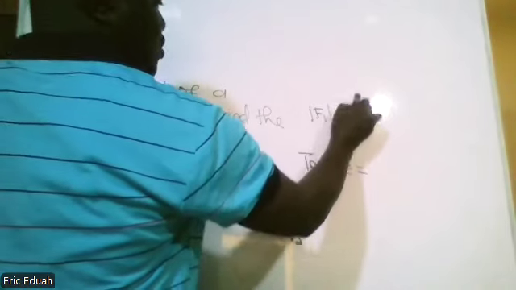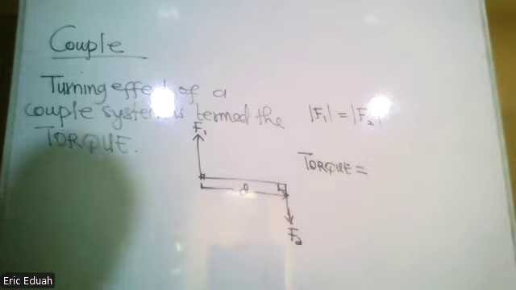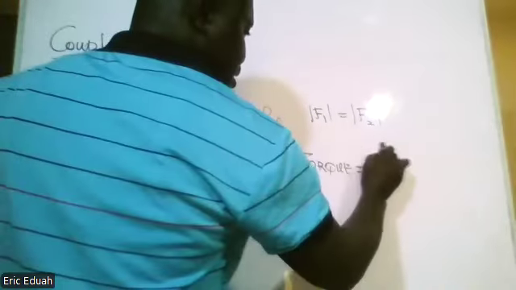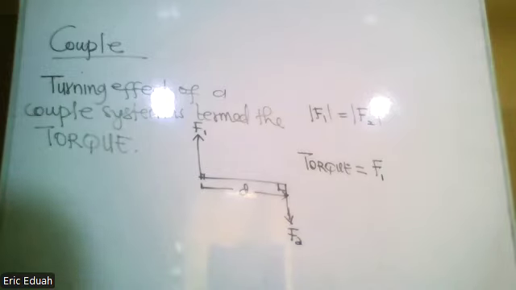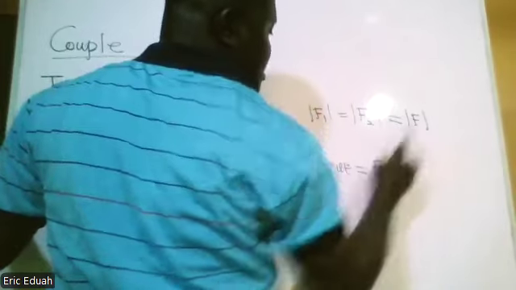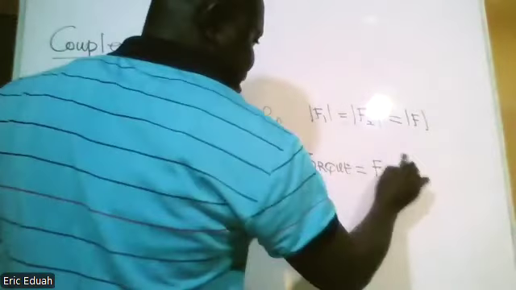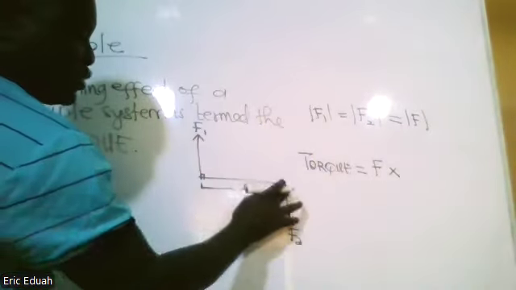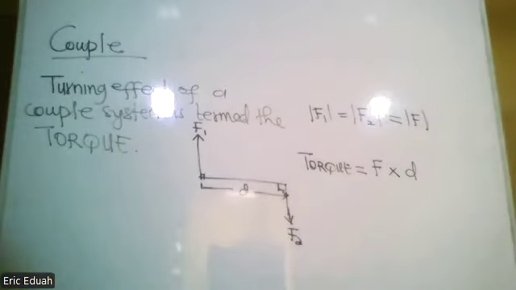F1 is equal to the magnitude of F2. So they are all equal to F because their values are the same. So F times the perpendicular distance between the forces, D, gives us the torque.